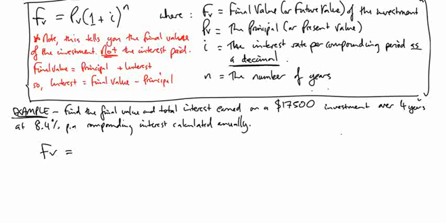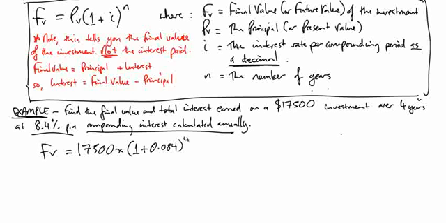So PV is the principal, it's 17,500 times by, in brackets, 1 plus I, the interest rate per compounding period as a decimal. Well, each compounding period is a year, and it's 8.4% per annum, so that's per year, so it's going to be 0.084 again. And to the power of n, how many years is this for? 4.